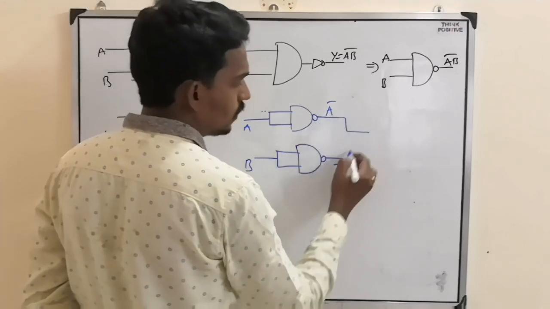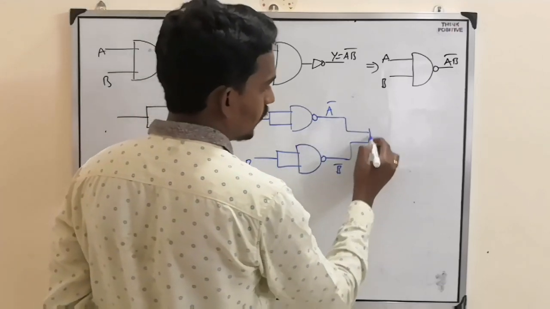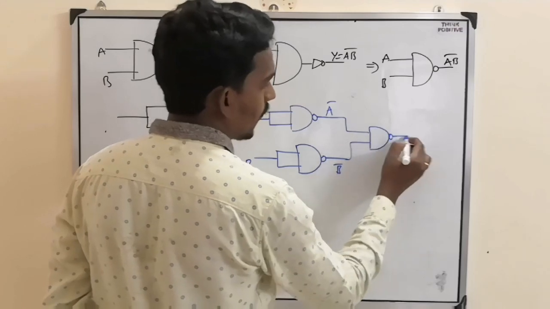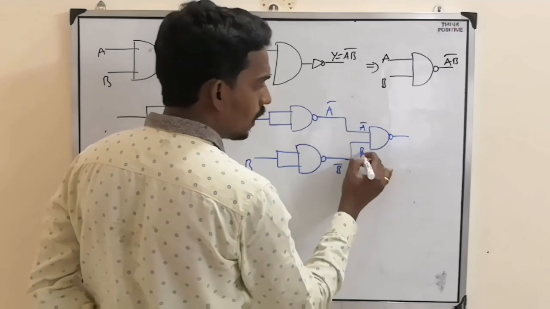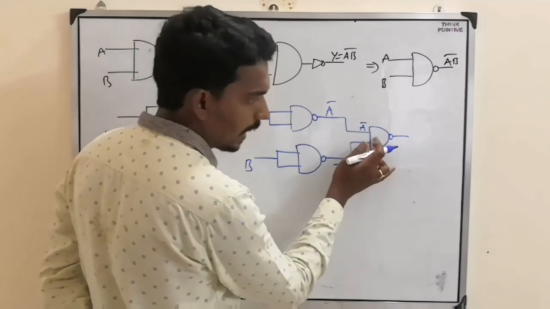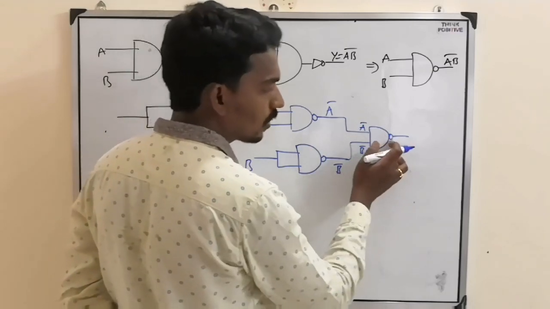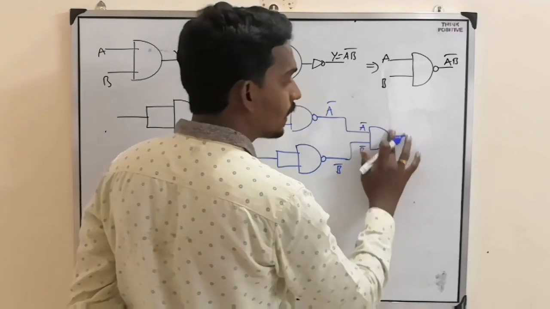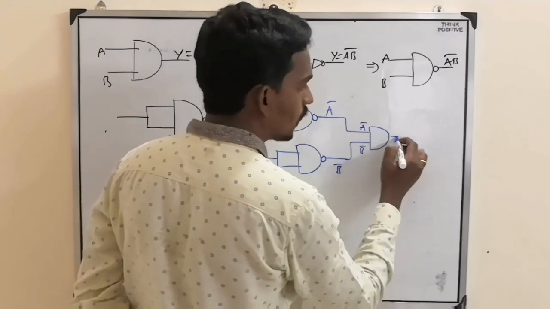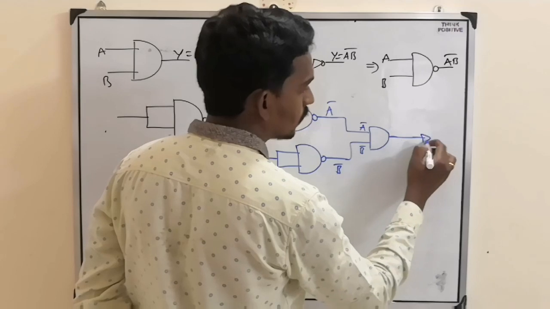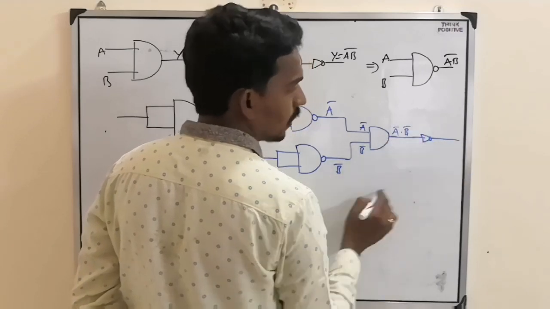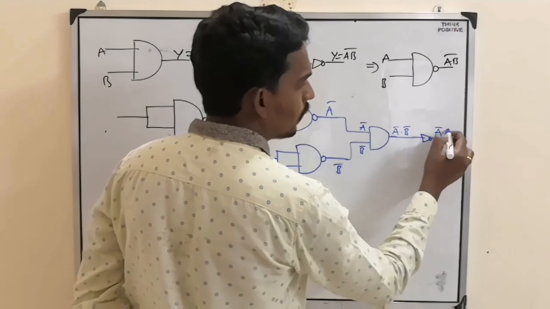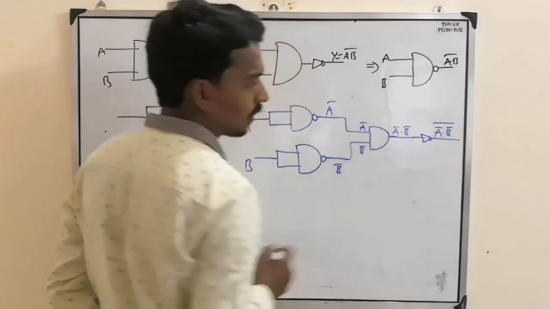Now take these two outputs and connect them to one NAND gate. So here inputs are A bar, B bar. This is an AND gate, this is a NOT. So in total, NAND gate. So here comes A bar dot B bar. Here comes A bar dot B bar whole bar.